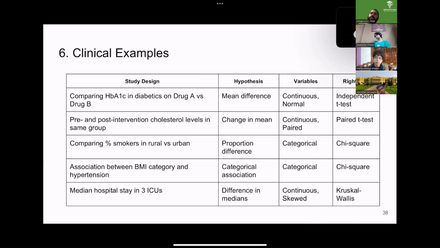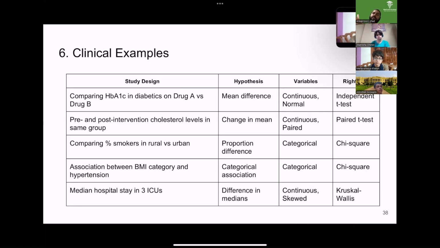Can you see the example on the screen? Yes, sir. Make sense to you? Yes.